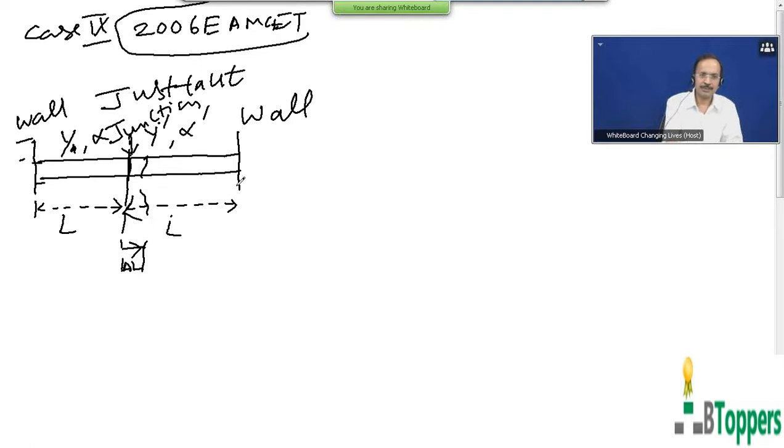Alpha and alpha dash denote the coefficients of linear expansion: alpha is for the material of the first rod, and alpha dash for the second rod. Y is the Young's modulus of the material of the first rod, and Y dash is the Young's modulus of the material of the second rod. L is the original length of each rod, and let A denote the original area of cross section of each rod.